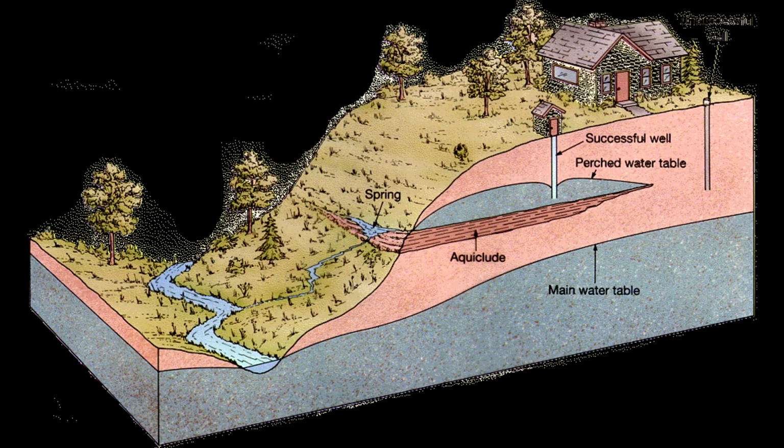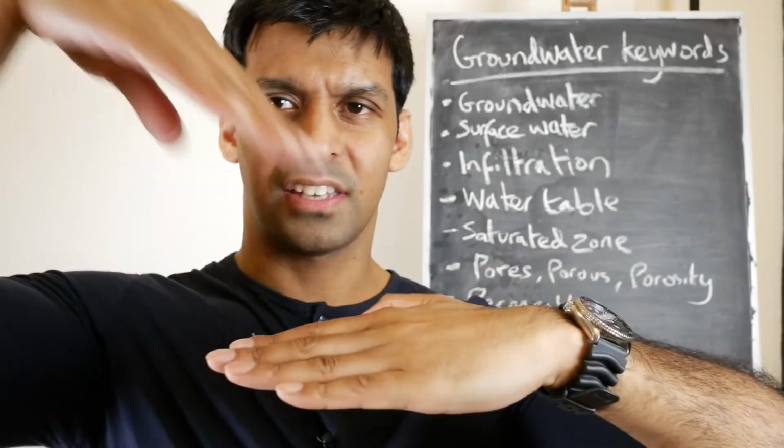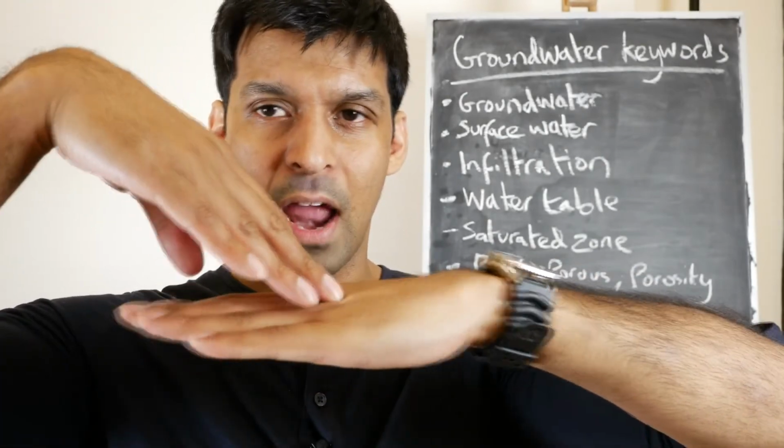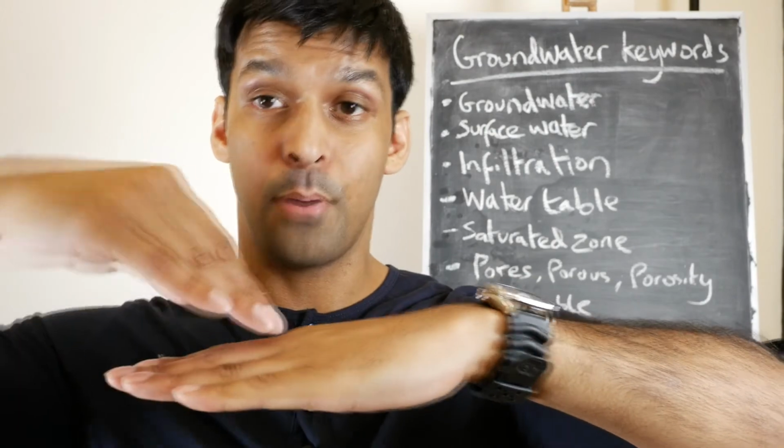Then we've got springs and wells. So a spring is when groundwater flows from an aquifer to the Earth's surface. Okay, so groundwater flows downhill, and what you'd have is a situation like this. Okay, so this is a hill, and this is a bit of ground where you can imagine this part is impermeable.